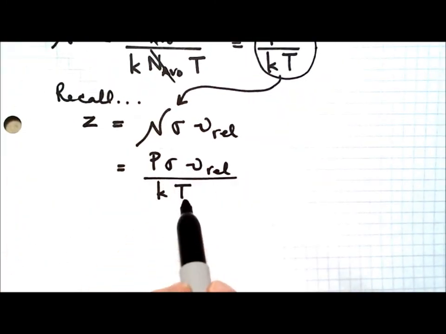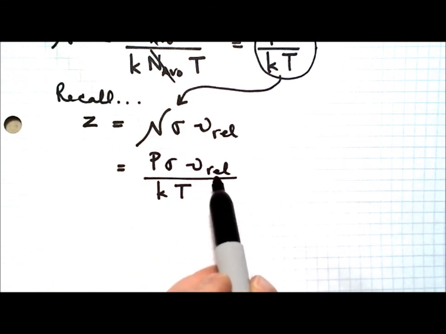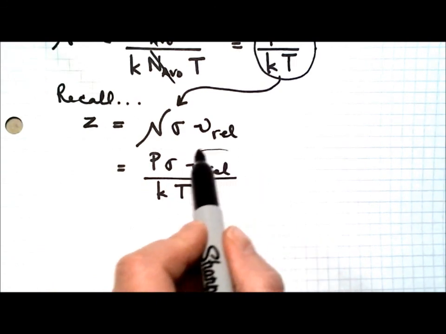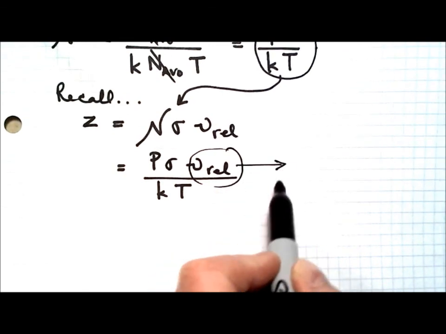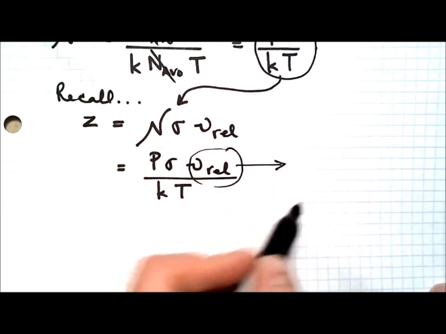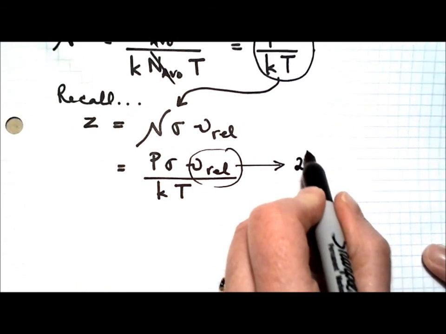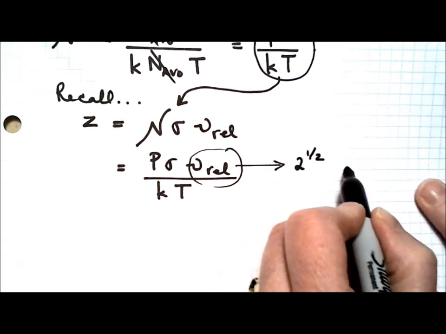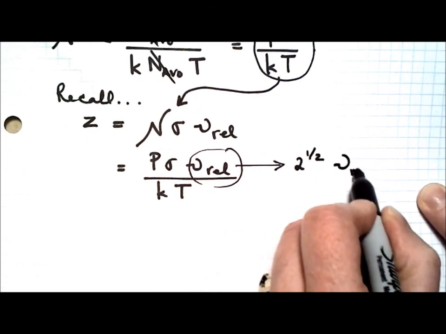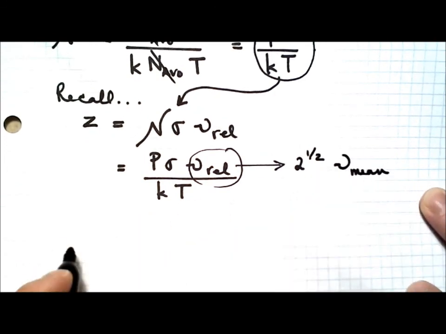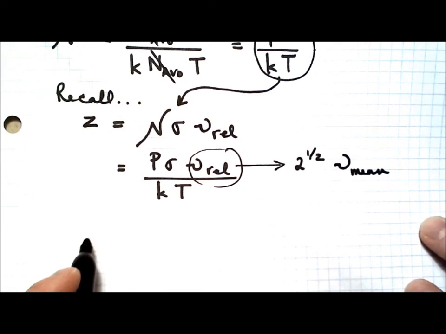And this relative mean speed, where the two particles are the same, so I don't have a mixture of gases, so that's fine, is square root of 2 multiplied by mean speed. So that's it.